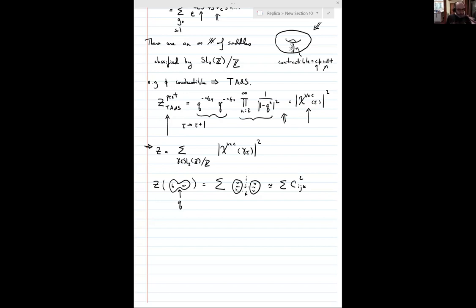No. Indeed, in a theory of pure gravity, to the extent that we can compute it, you can compute all these things as a function of central charge. But what I'm saying is that whereas the spectrum does not change as a function of central charge, the OPE coefficients do.